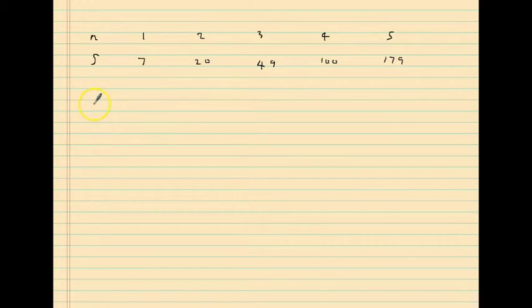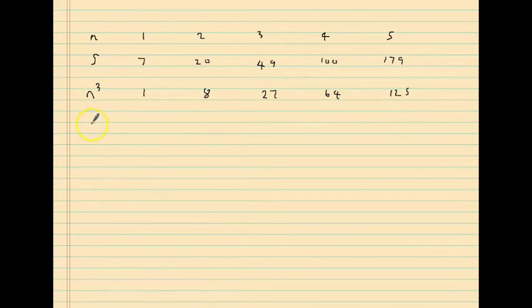And remember, we know it's an n cubed sequence again, so we need our n cubed, which gives us 1, 8, 27, 64, and 125. You'll get used to writing these out all the time now.